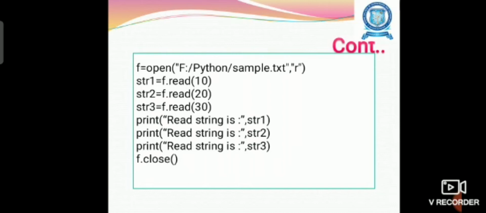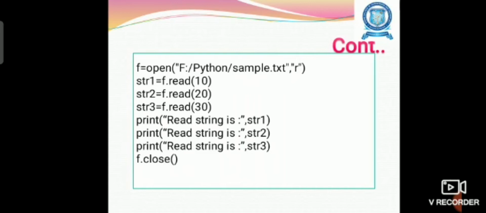Always, when the Python program refers to the file, a file object is maintained. Based on reading through the continuous characters, the file object moves on into the file. So by the first read operation, the first 10 characters will be retrieved from the file and stored into the string variable str1.